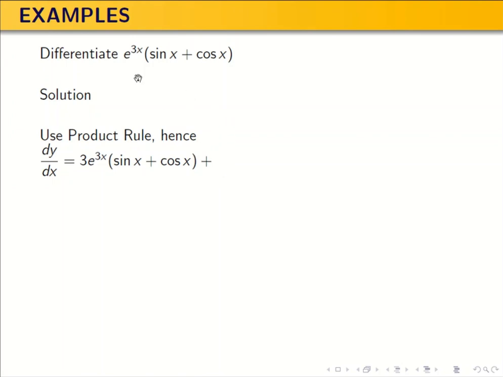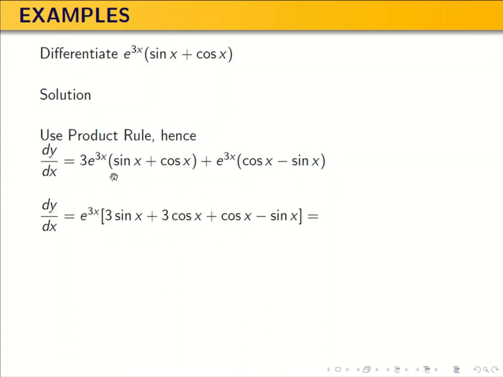Then plus, keeping e to the power 3x and differentiating the other: differentiate sine x, you get cos x. When you differentiate cos x, you get minus sine x. Now I can multiply through and try to simplify. Multiplying through by 3, I'll get 3 sine x plus 3 cos x. Then I factor e to the power 3x out.